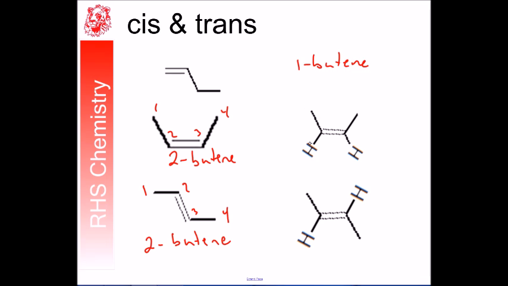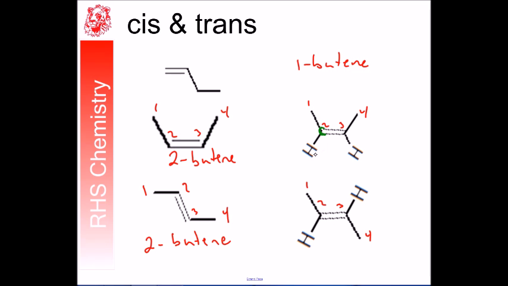So here we have them shown again in slightly different format, with the hydrogens being really obvious. So 1, 2, 3, 4. 1, 2, 3, 4. So the way we're going to do this is we're going to look at what's connected to each carbon. So here's the carbon and the double bond that we're worried about right there.